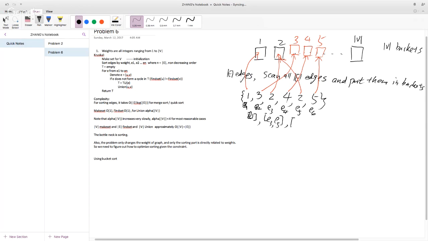And for bucket 4, E4, and for 5, E5. Notice that the values 1, 2, 3, 4, 5 give a natural order. So after we have scanned all the edges and put them in the buckets, the order is already sorted.